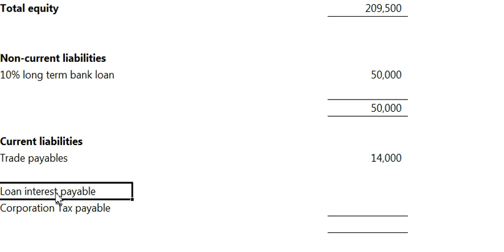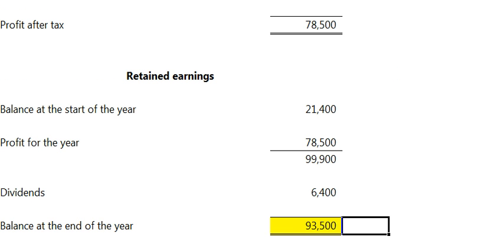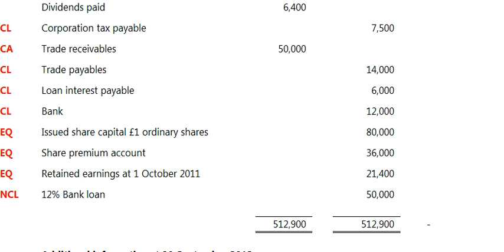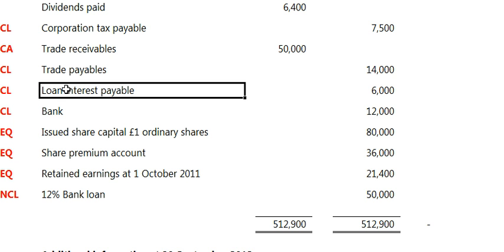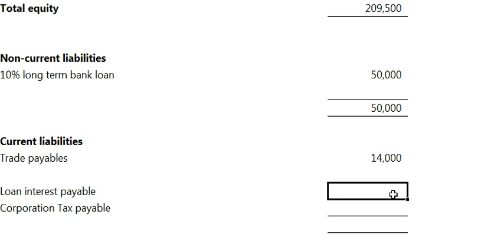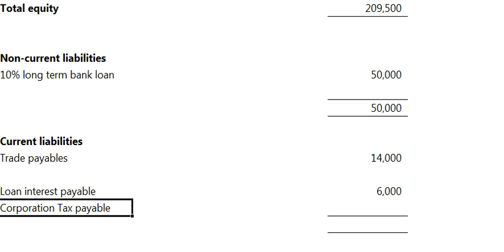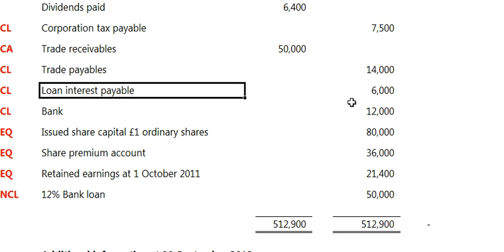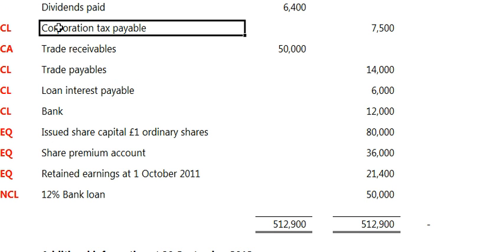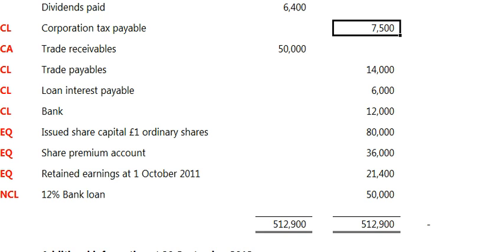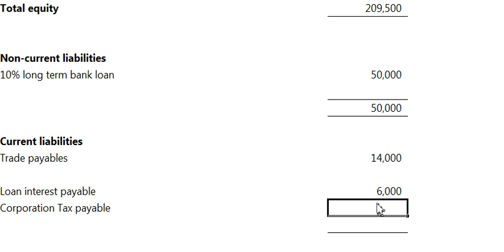Loan interest payable: if you go back to the trial balance, there it is. Anything with the word payable is a current liability. Put it in. It's 6,000. And the last one is corporation tax payable. Again, go to the trial balance. There it is, 7.5. We're going to put that in as well.